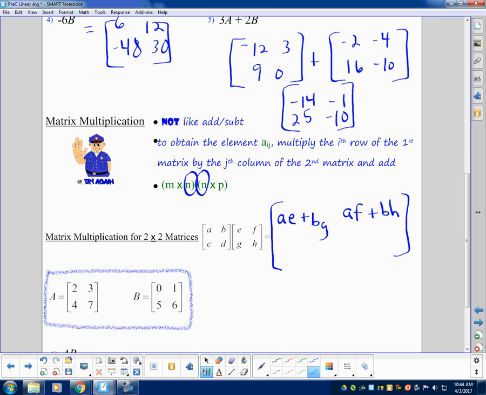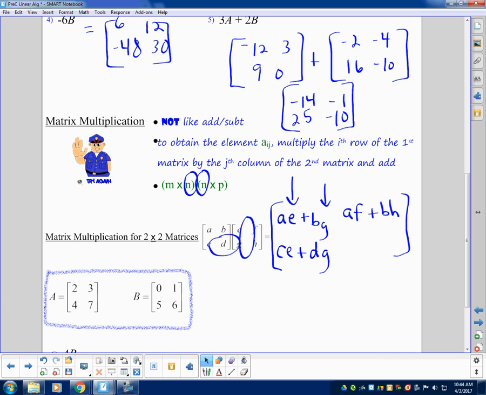If you go down to the second row, you're going to do this row, maybe I'll circle this, times this column. So it's going to go C times E plus D times G. What you'll notice is that the first element in each of those is from the first row and then the second row.